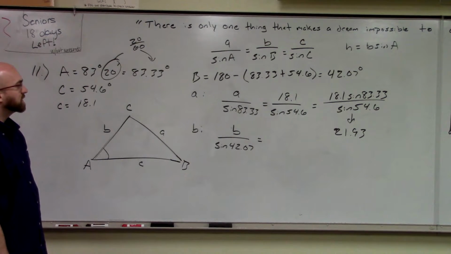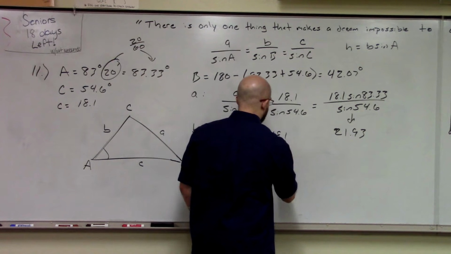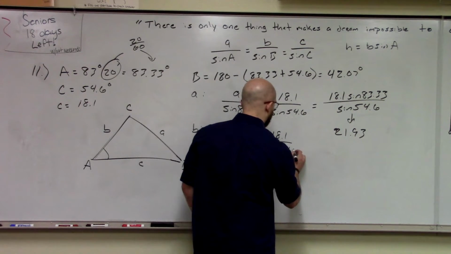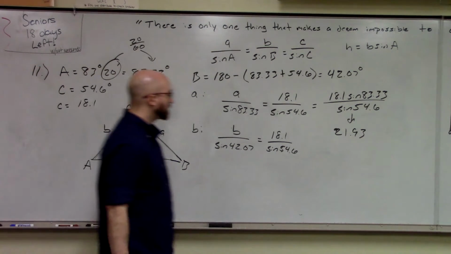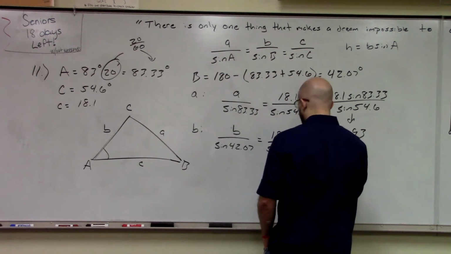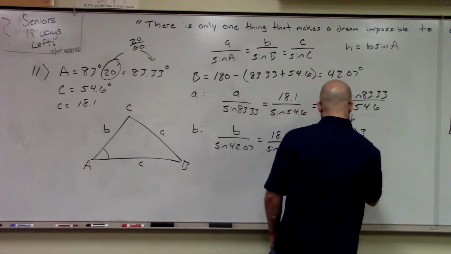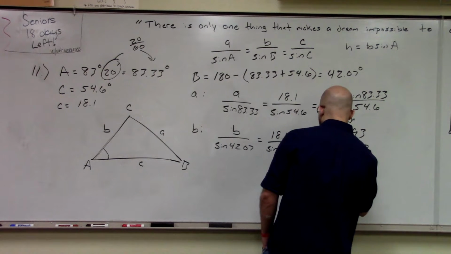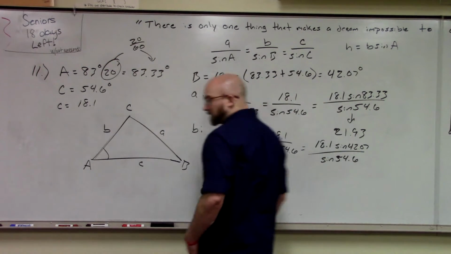I want to use c because that's what I was originally given. Alright, so I multiply everything by sine of 42.07 again. And that's what I get there.